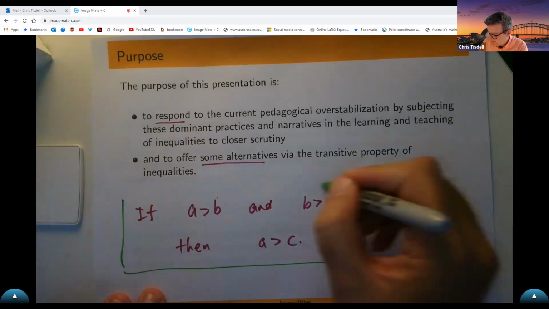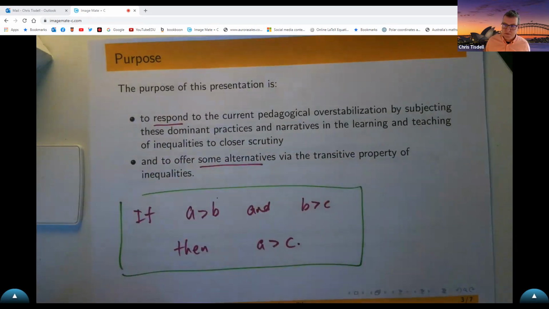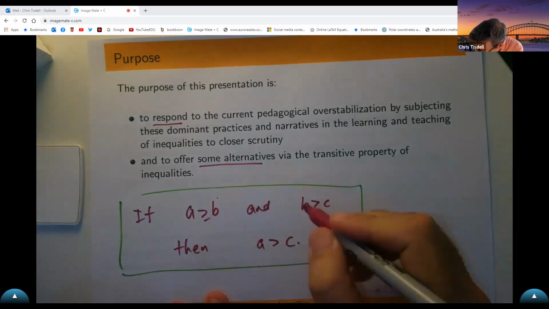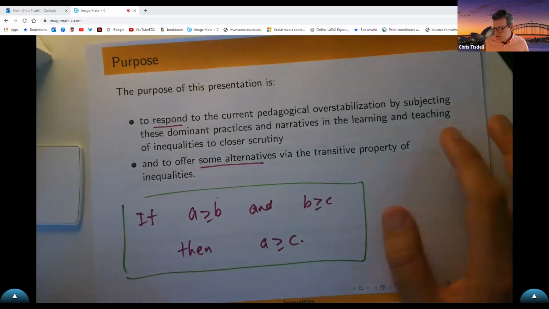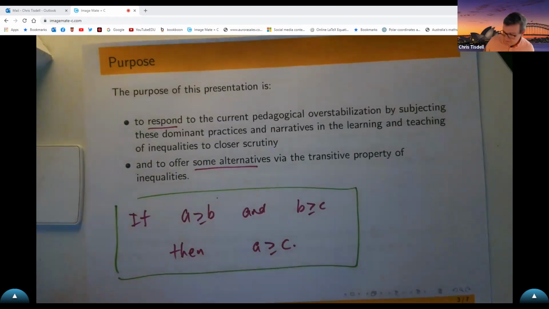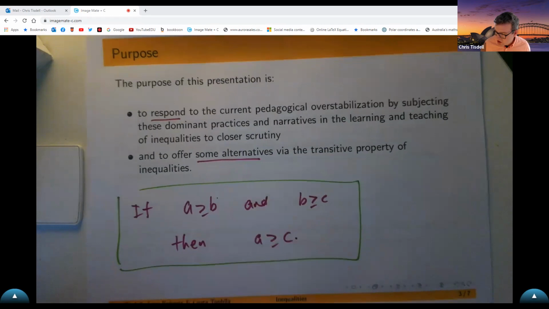So this works with inequalities, with equalities, with all sorts of things. It has nice applications. You know, if Volker's taller than John and John is taller than Mary, then Volker's taller than Mary, right? We all know these sort of transitive properties. Okay, so this is what I'm going to work on.